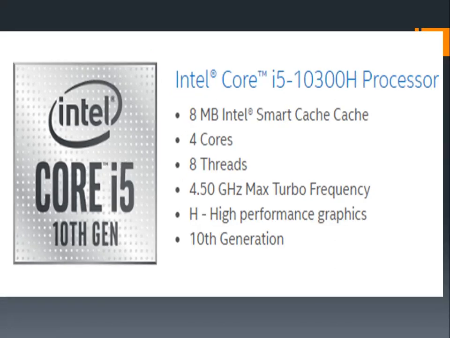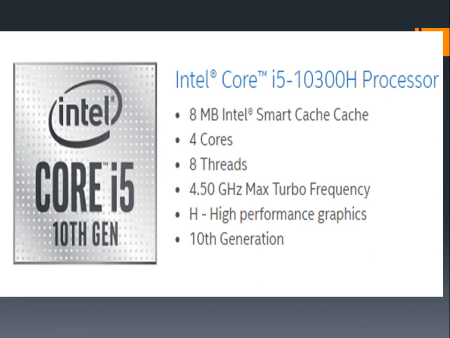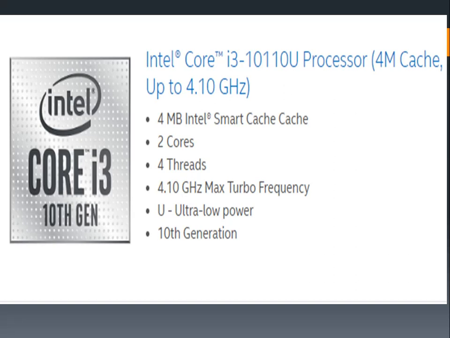Okay, then we go to Core i5. This one is 8 megabytes. The Core i3 had 4 megabytes, but Core i5 is 8 megabytes, and the Core i5 has 4 cores. I need to say it is 4 physical processing units compared to the Core i3, which has 2.